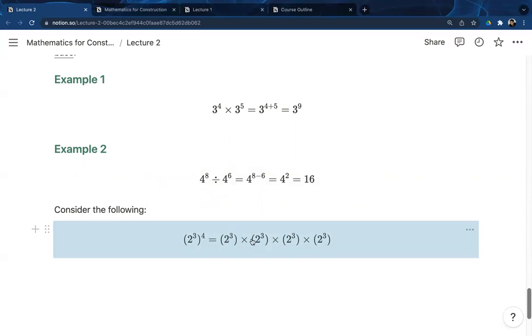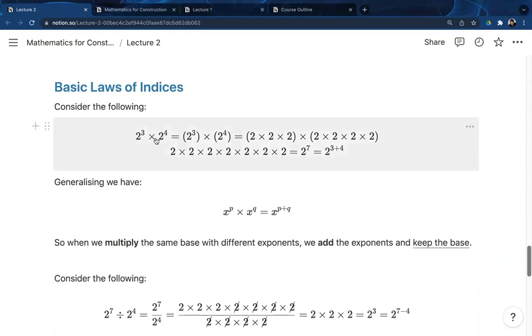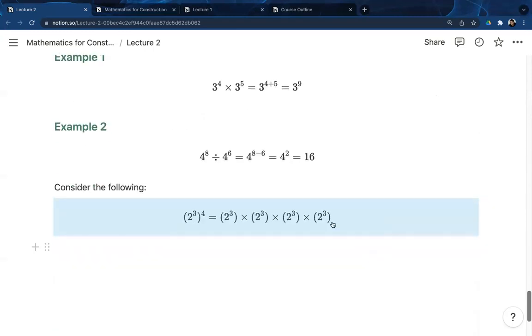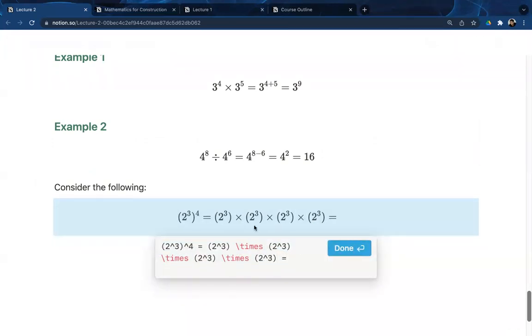So this is 2 cubed by 2 cubed by 2 cubed by 2 cubed. Now, from the first rule, when we multiply 2 things with the same base, we add the powers. So basically, these first 2 things here, if we combine them, we get 2 to the power 3 plus 3, right?